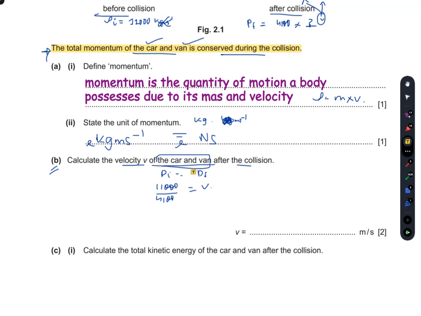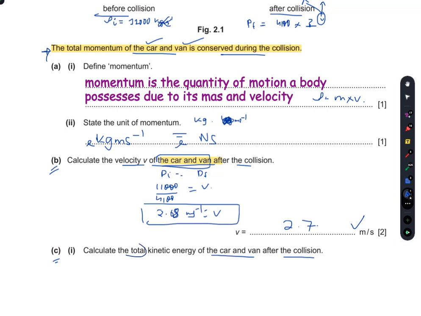So these are the catchwords here. 11,000 divided by 4100, you will get 2.68 meters per second. 2.68 meters per second is the velocity here. Okay, you can write 2.7 meters per second. So that's your answer.